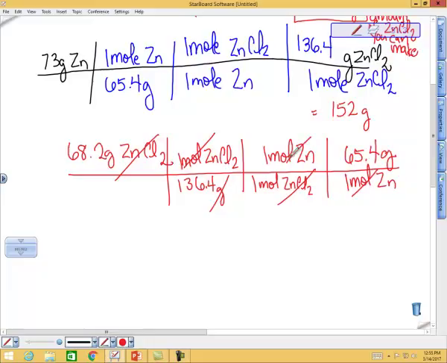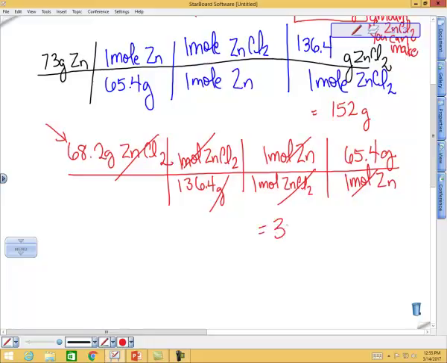All right, remember, doing this problem isn't going to tell you how much is left over. All it's doing is telling you how much zinc it took to make this 68.2 grams. So in order to figure out how much is excess, what do you think we're going to have to do? Any ideas?